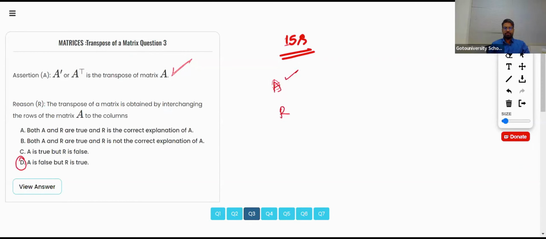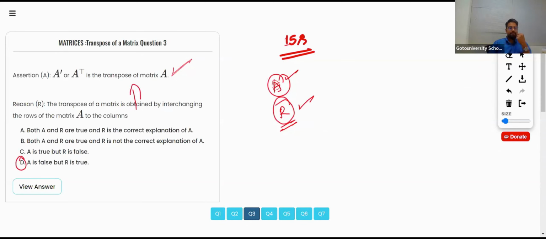What about the reasoning? Transpose of a matrix is obtained by interchanging the rows of a matrix to the columns. Isn't it correct? Yes. So the reasoning is also true.